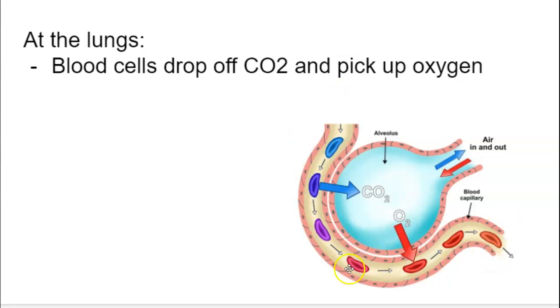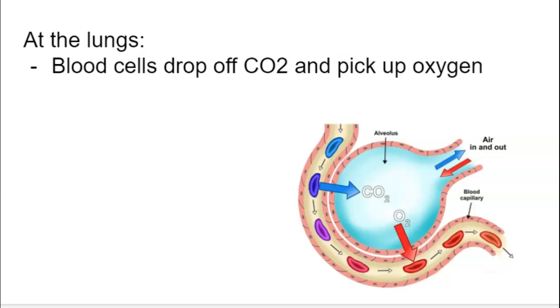So our blood vessels are like highways, right? And they're going throughout our body, and they're picking up all the CO2 from the cells. So the cells have carbon dioxide as waste, and when they get to the lungs, they're going to drop off this CO2. We're going to breathe it out. And when we breathe in, there's lots of oxygen here, and the oxygen is going to go into the bloodstream.